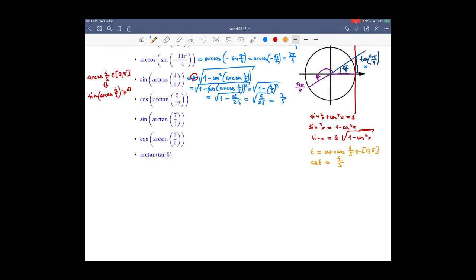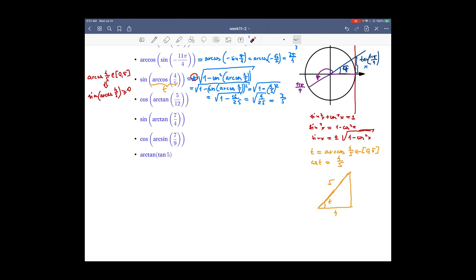And now, as you remember, cosine in a right triangle is the ratio of the adjacent leg over the hypotenuse. Our goal is to find sine t. Well, sine t is the ratio of the opposite leg over the hypotenuse.